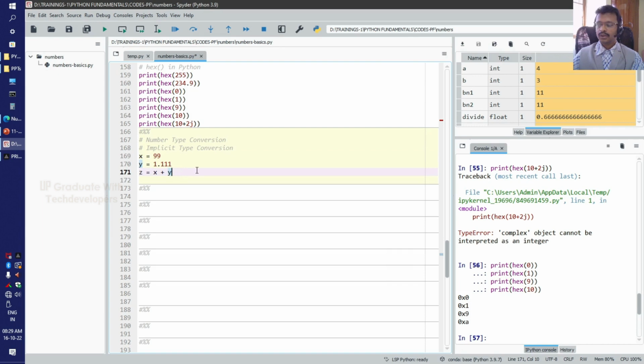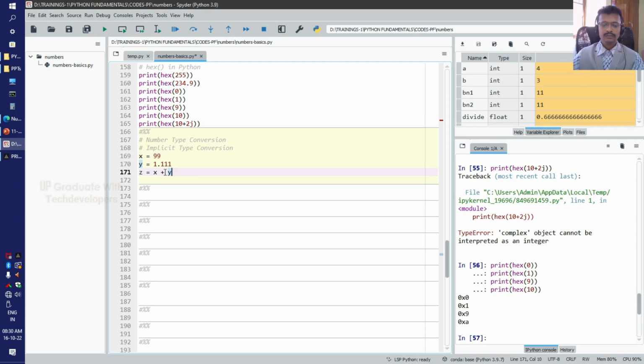It will convert the smaller data type to a larger one to prevent any data loss. Here, larger does not mean in magnitude. In this case, float always takes higher priority than integer.